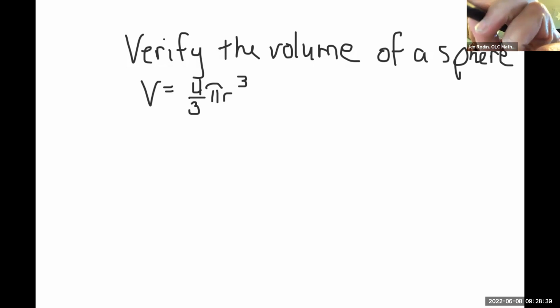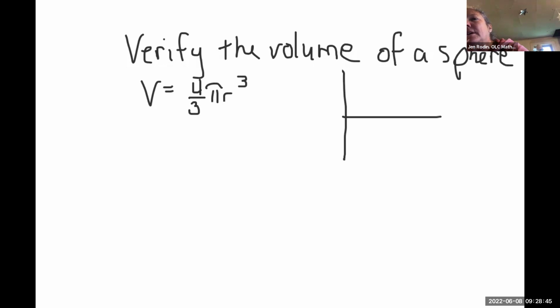So if we have a half circle like this, I'm going to make it pretty easy. Let's say that's a semicircle with a radius of, what did I have here?